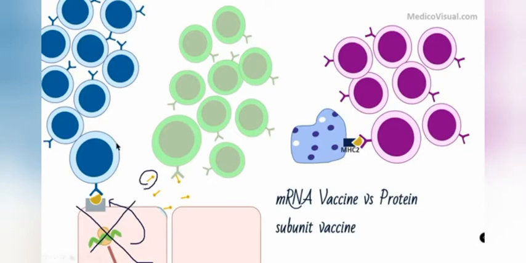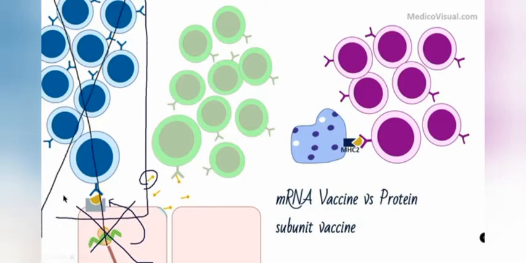So will there be a significant cell mediated immune response or cytotoxic immune response? Of course not. So this cell mediated immune response will be negligible. But of course we will have humoral or antibody mediated immune response, as well as helper T lymphocytes, right?